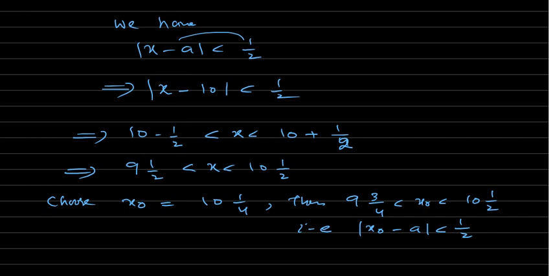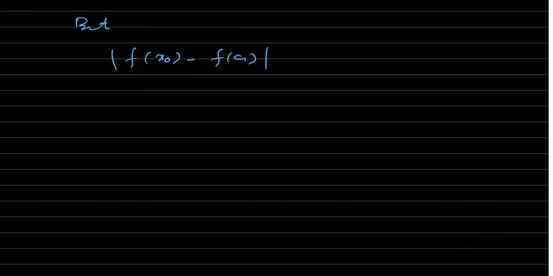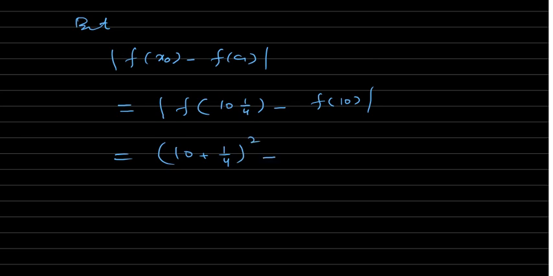Okay. Now let's see this. This is equal to mod of f of x naught minus f of 10 1 by 4 minus f of a minus f of 10. So that's equal to 10. Let's expand in expanded form. It's 10 plus 1 by 4 whole square minus, so obviously it's positive because this thing is greater than this, 10 square, or you can put mod here.